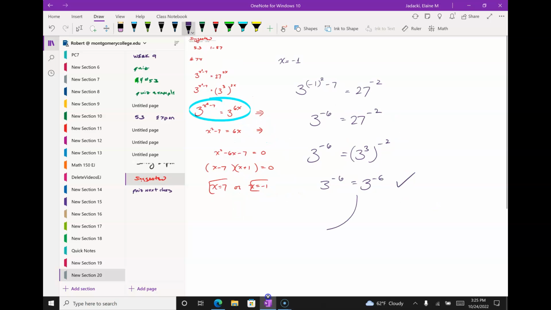I could go to here to check, but I'm worried, what if I made a mistake when I simplified, right? You know what I'm saying? So I'll check x is 7.